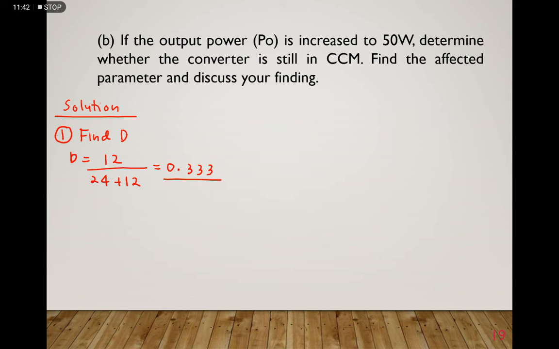And then since R is not given, we need to use the power that has been given in order to help us find the value for R. So second, find R. R will be equal to V naught squared over P naught.